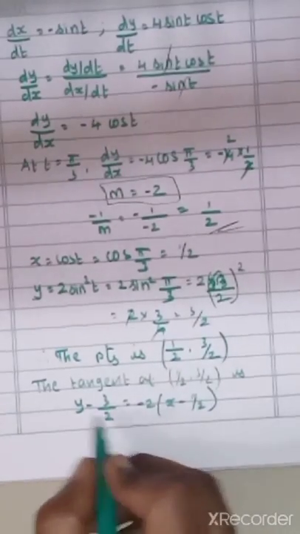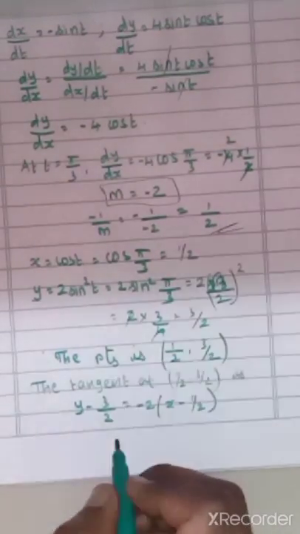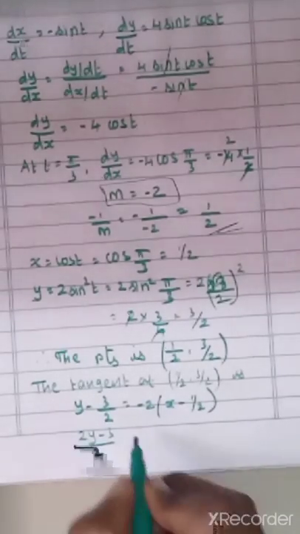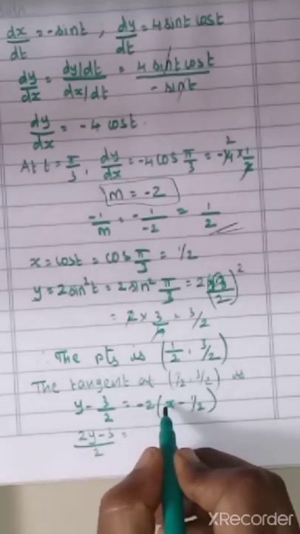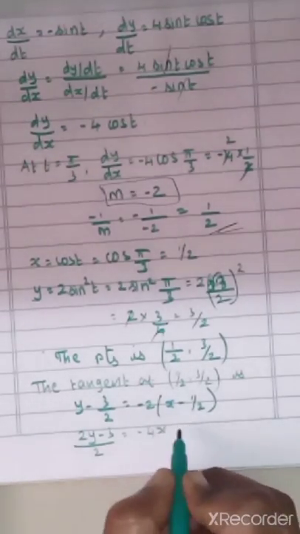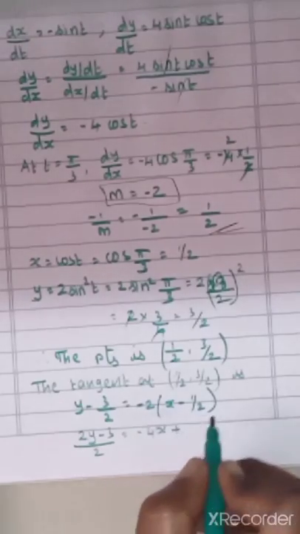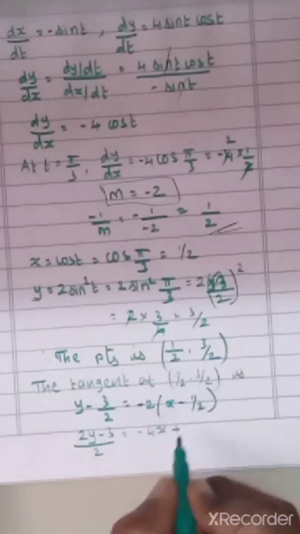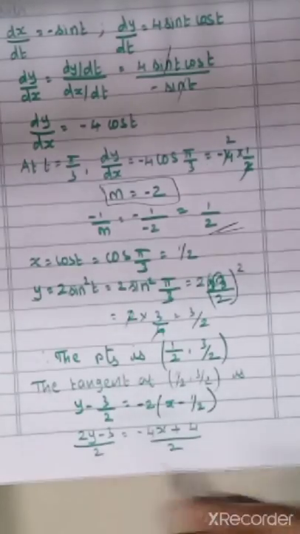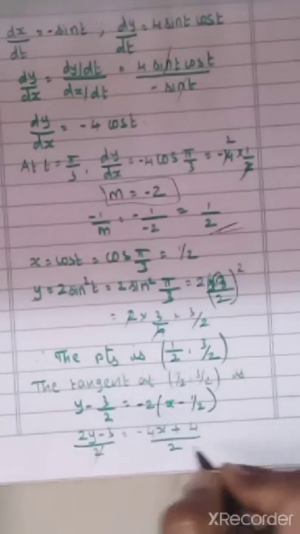Simplifying this, you will get an answer. So how can you simplify this one? This will be 2y minus 3 by 2, and this will become minus 2 2s are 4x, minus into minus plus 2 2s are 4 divided by 2. Now we can cancel this 2 and this 2.